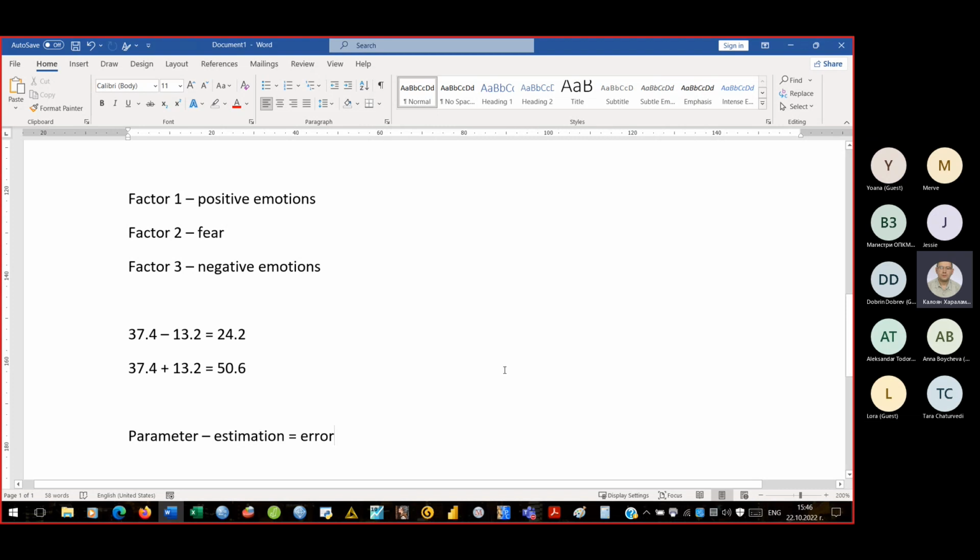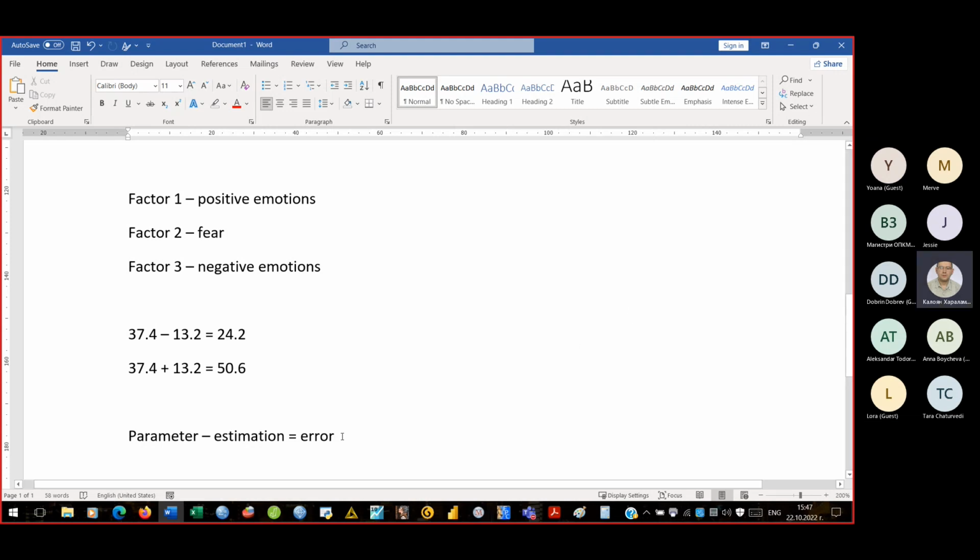In the first case, if the differences are less than the errors, then we say that these differences are not statistically significant, or that these differences are statistically insignificant. And in the second case, when the differences between estimations are larger than errors, then we say that these differences are statistically significant.